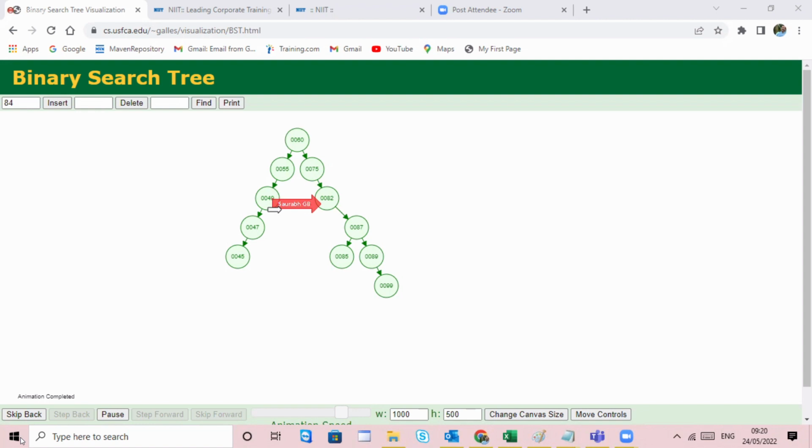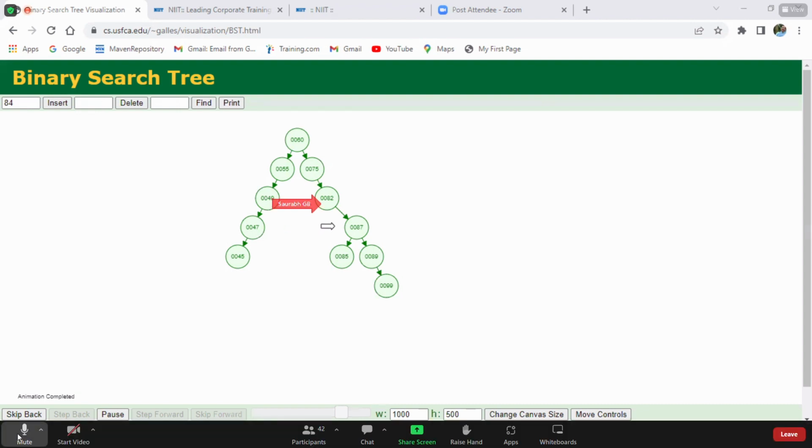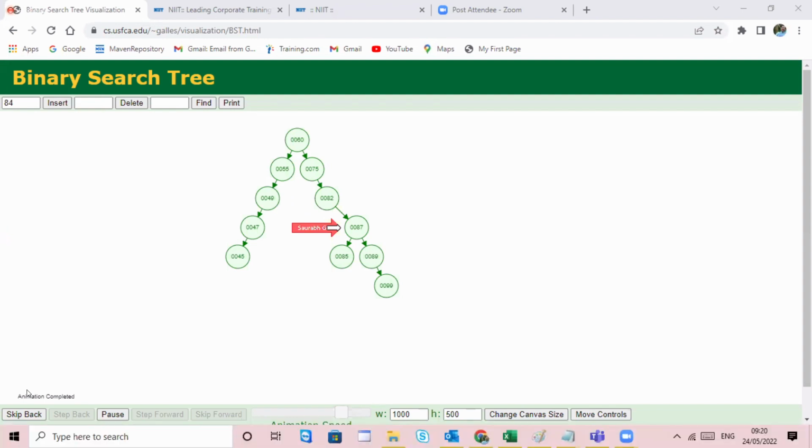So I need to check, does the right hand side have any value? Yes, it has a value, so it will go and visit that link. Now it is coming 87. Once again, 87 is greater than 84, which I am supposed to insert.